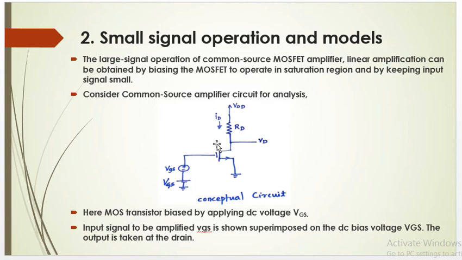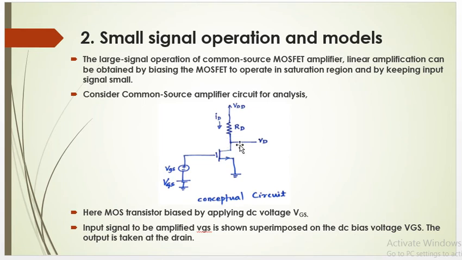The currents flowing through the circuit are only DC currents. All the DC components are represented with capital letter subscripts as well as the letters V and I. And when you connect the signal vgs, in lowercase letters, the current flowing is represented by the instantaneous current or AC current.